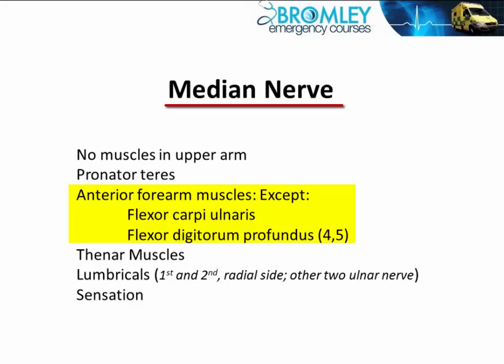Flexor digitorum profundus goes to the end of each finger, to the terminal phalanx, and flexor digitorum superficialis goes to the middle phalanx. So part of flexor digitorum profundus is innervated by the ulnar nerve, and that's effectively the medial border, the ulnar side of the forearm.